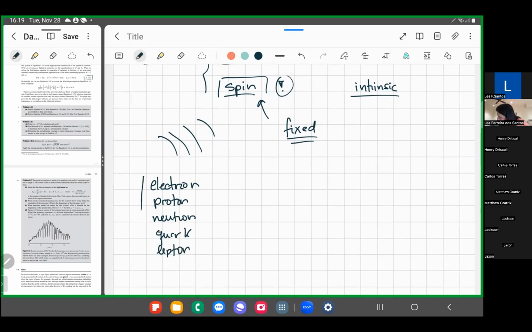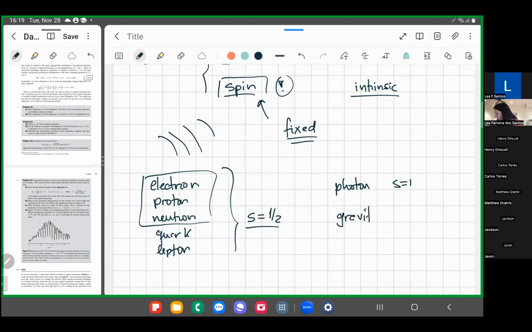Electrons, neutrons, protons are like the main constituents of matter, right? All of these particles have spin half. Okay? Well, the other particles, let's say the photon has spin 1, the graviton, which is the particle associated with gravity, spin 2, and so on. Okay, so each particle has its own spin.